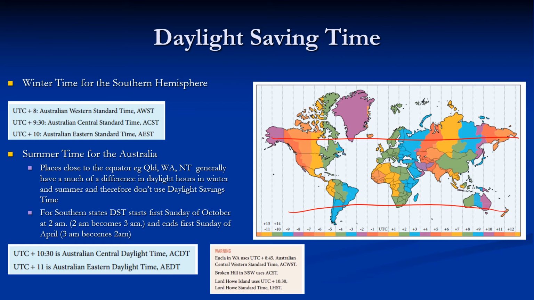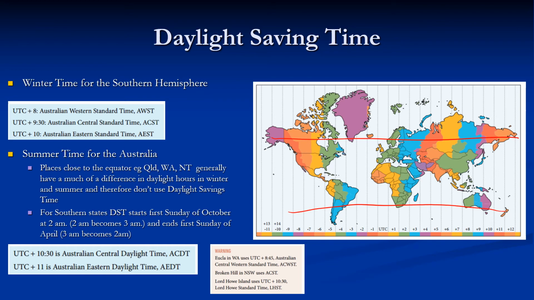So remember, the equator is more exposed to the sun, so it's going to have less variation in its daylight hours. So Queensland, WA and Northern Territory don't have much of a difference in their summer and winter day lengths, so we don't use daylight savings time. But southern states such as Tassie, Victoria, South Australia and New South Wales will.